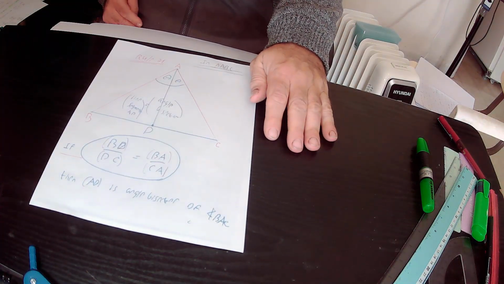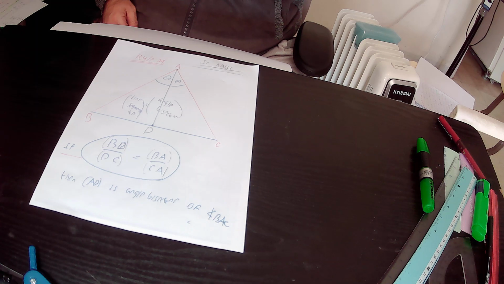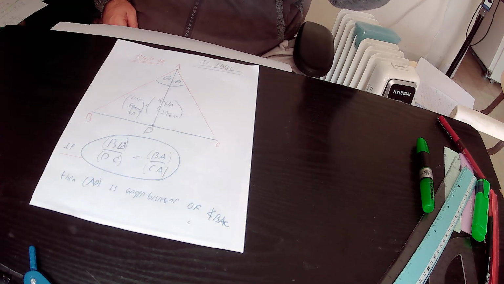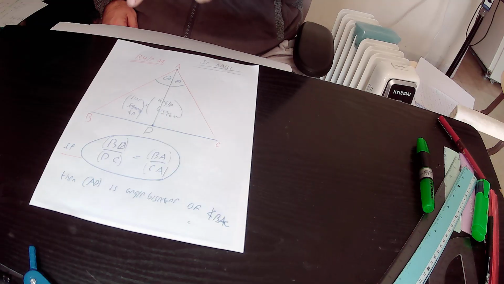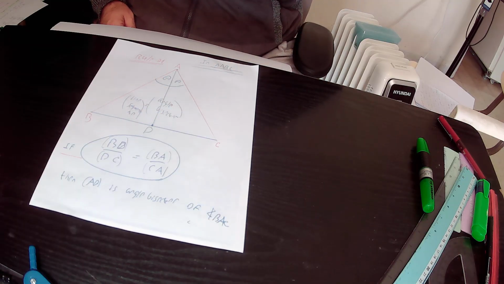According to rule 21, in the moment we have triangle ABC. AD is a line segment. We don't know that it's an angle bisector, but we know that line segment AD divides the sides of this triangle ABC proportionally. That is to say, we know that BD over DC equals AB over AC.